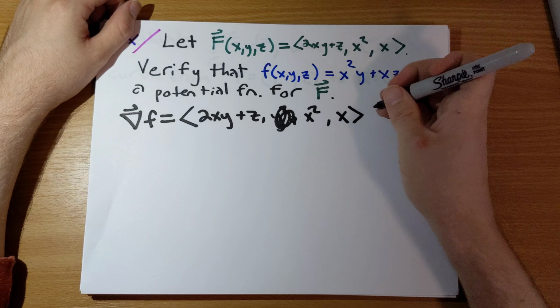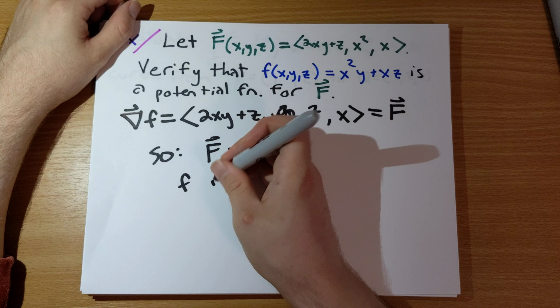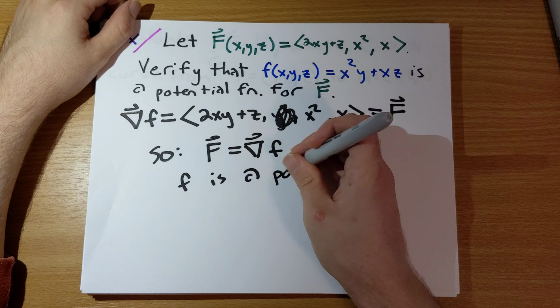Yes, this is exactly equal to F. So big F is equal to the gradient of little f, and f is a potential function for big F. I should point out that I say a potential function, not the potential function, because in general there could be many potential functions.